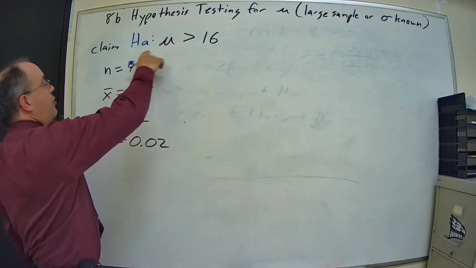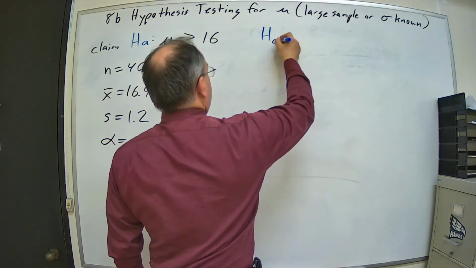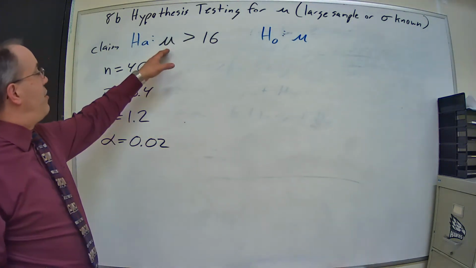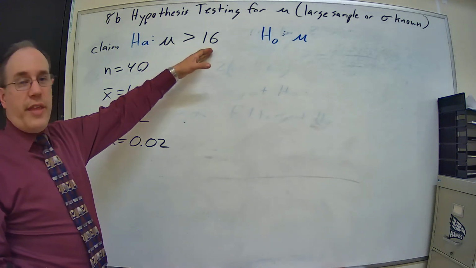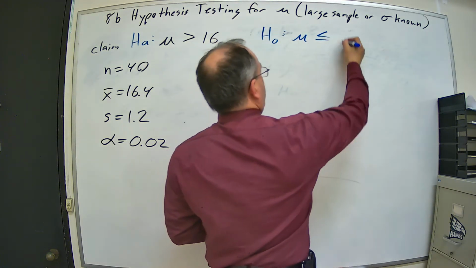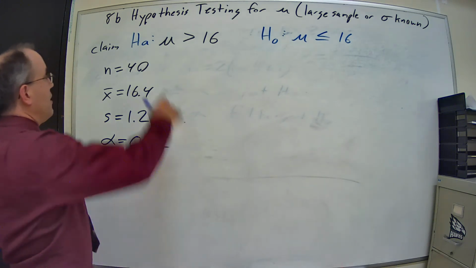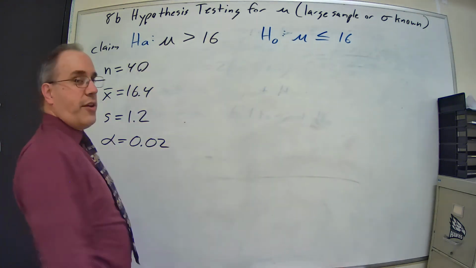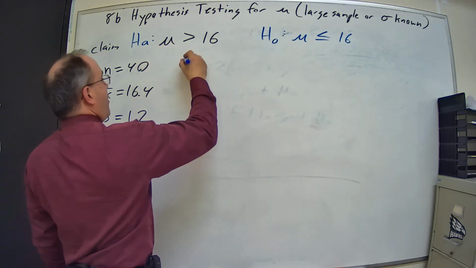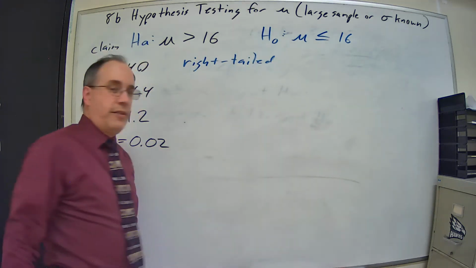If that's the alternative hypothesis, then the null hypothesis is that mu is, well, if the alternative is greater than, the null hypothesis must be everything else, less than or equal to 16. So that's our null hypothesis. If the alternative hypothesis is greater than, it's pointing to the right, so it is a right-tailed test.